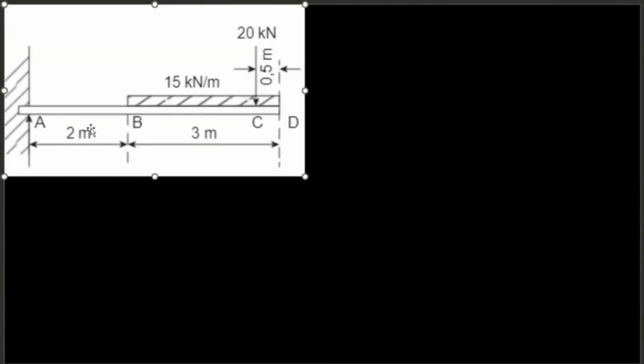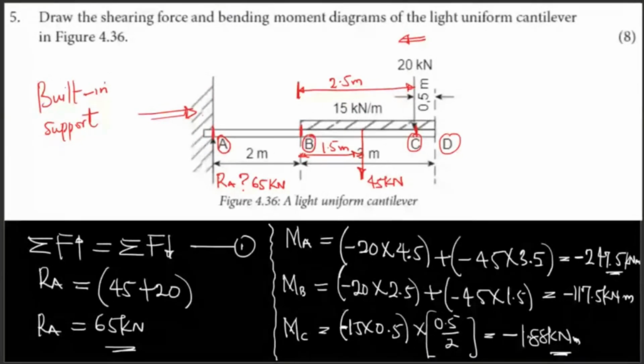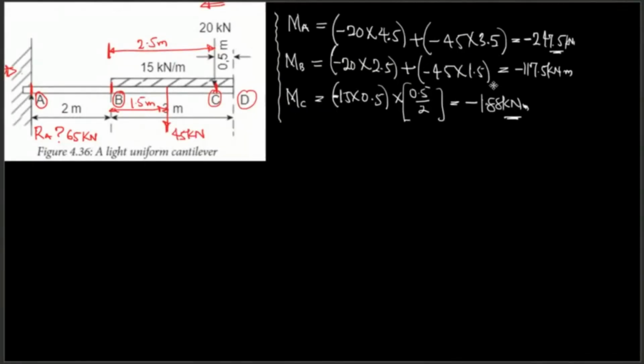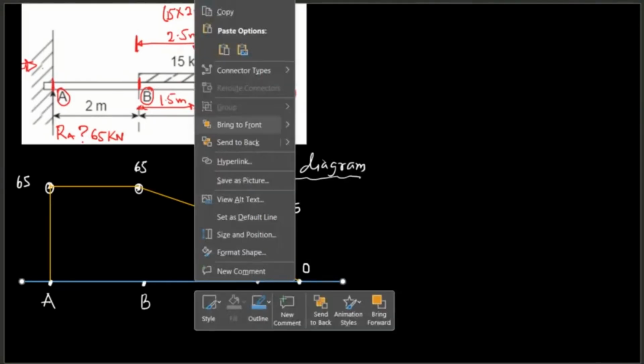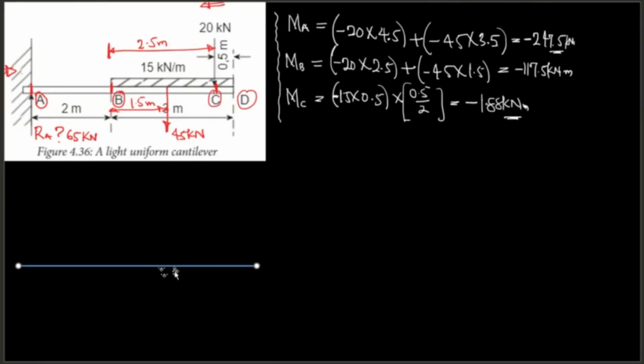Let's draw the bending moment diagram. I need the values here. Okay, bending moment at D is 0. This is D. This is C. We have B here. And then we have A here.